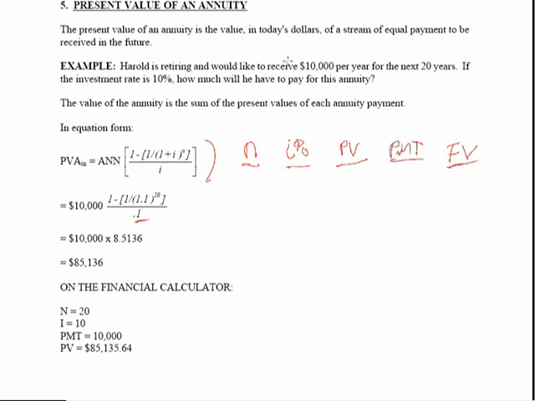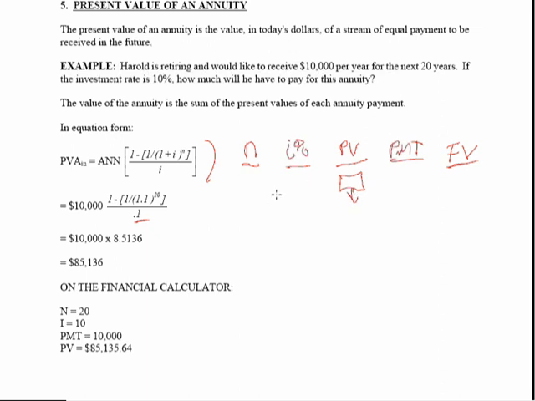Whenever you're doing an annuity problem, you have a payment that we're going to enter, but this is the present value of an annuity. What's the annuity worth in today's dollars? So we're going to be calculating a PV, a present value. So I'll put a box there just to remind me what I'm calculating.